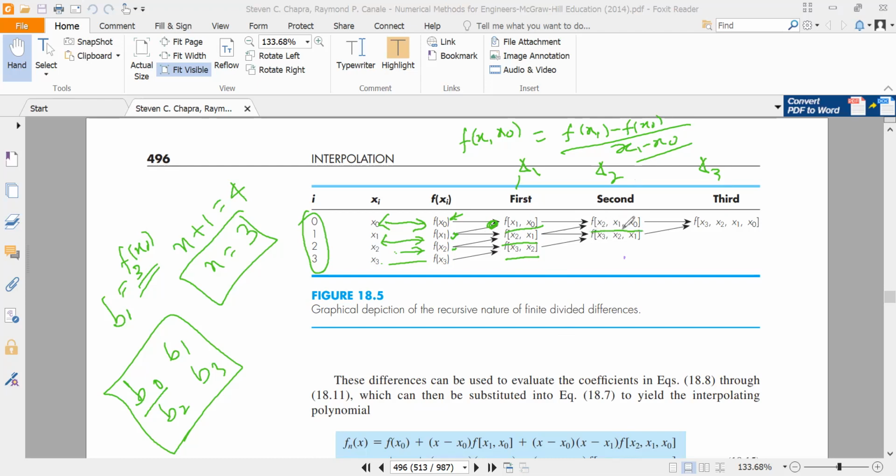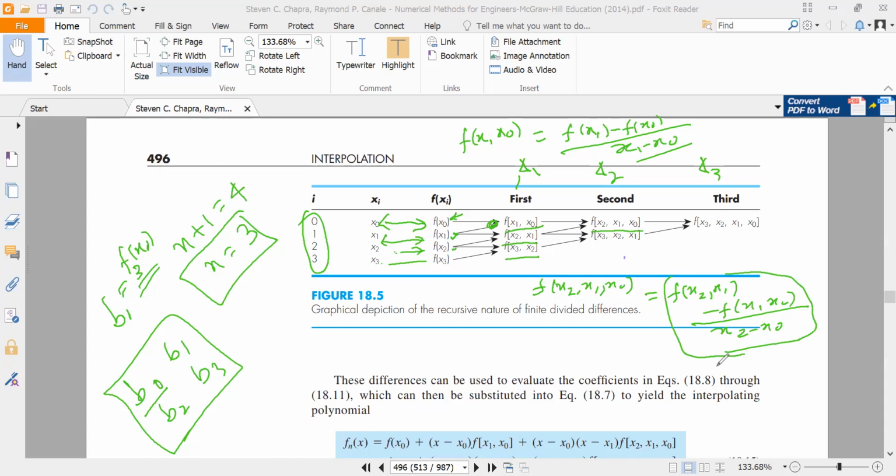You see that your indices are increasing for better understanding. You have f[x2, x1, x0] as the second derivative, and that is equal to f[x2, x1] minus f[x1, x0] divided by x2 minus x0. Is it not the second derivative?